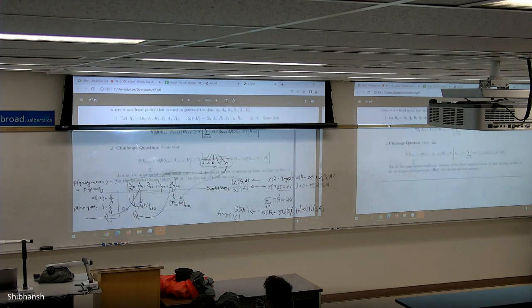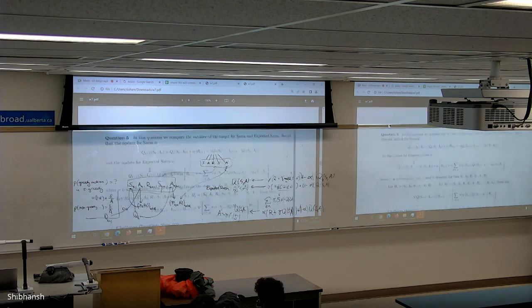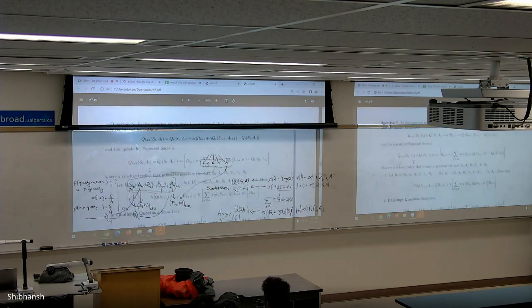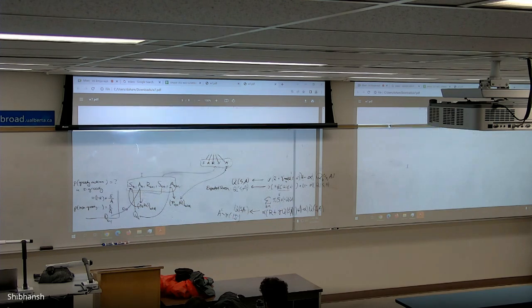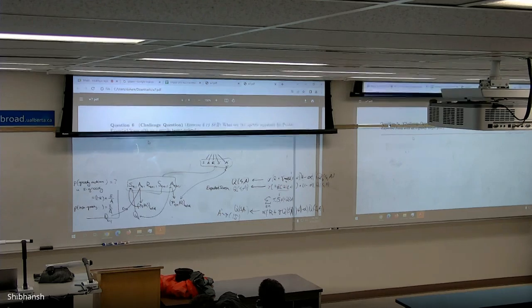Oh, this is long. Question 5. Okay, variance calculations. There's so many of these problems about variance calculations. Maybe at one point we should do some of these. They're kind of the same. So today is the day for the short problems. Okay, what are the update equations for double? Oh, you can't. Oh, that's a good point.